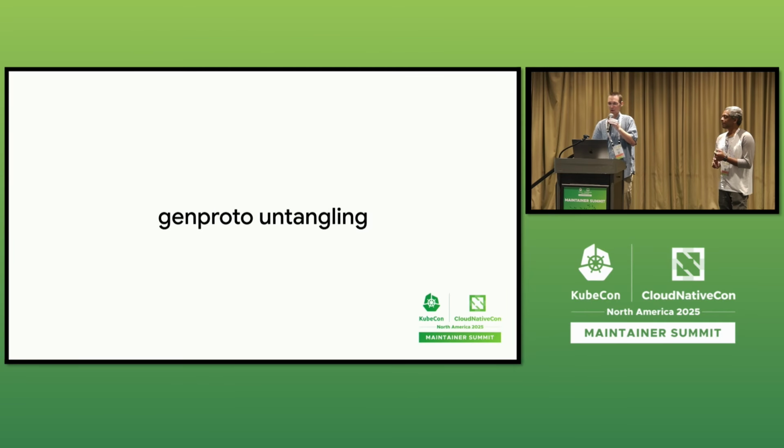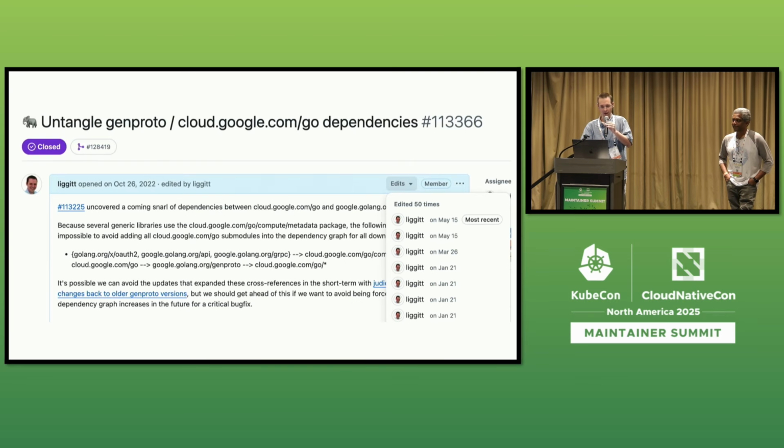All right, this was the headline. How did we drop 30% of our dependencies in 2025? So, genproto. This was a mega library that basically had every protobuf type associated with any Google Cloud API. They did some refactoring, and as part of their refactoring, they added dependencies from that back to the core Google Cloud module, the client modules.